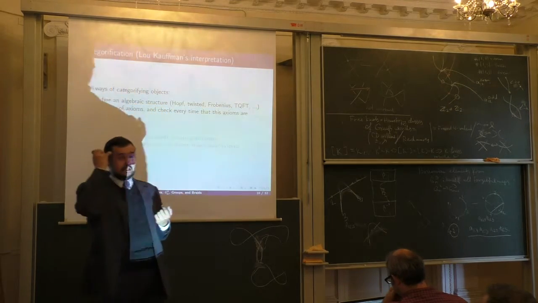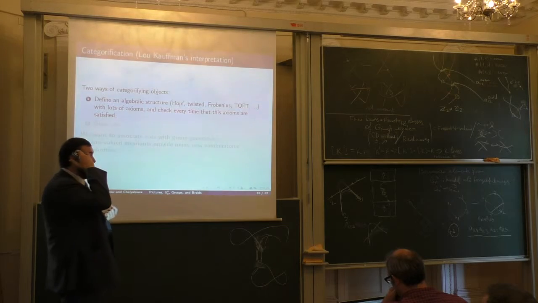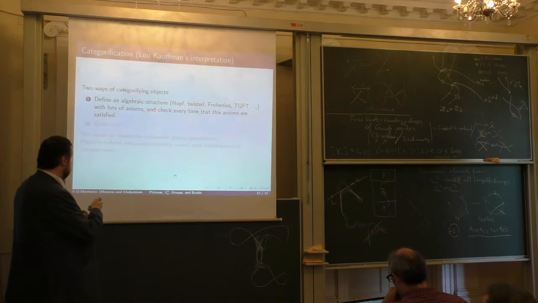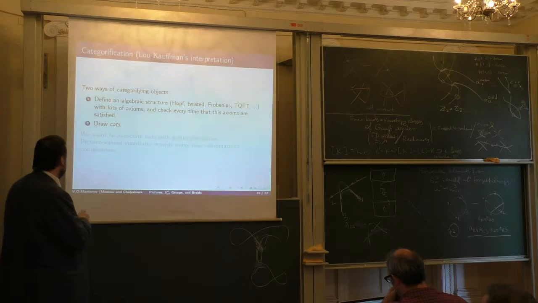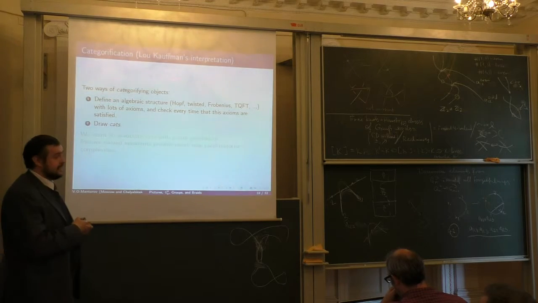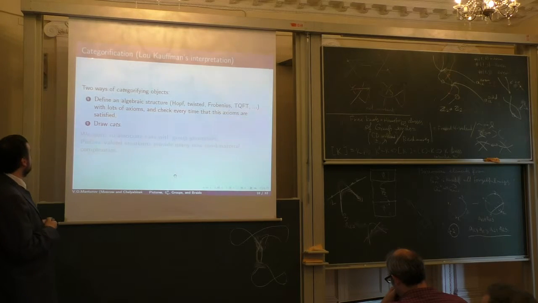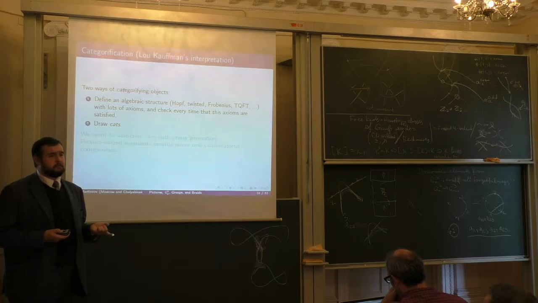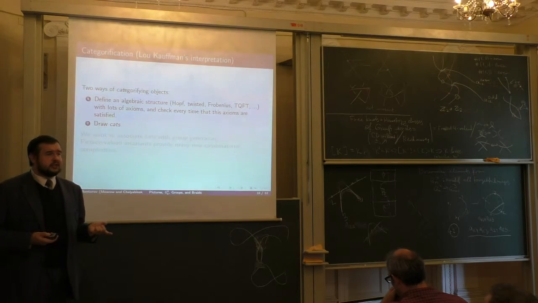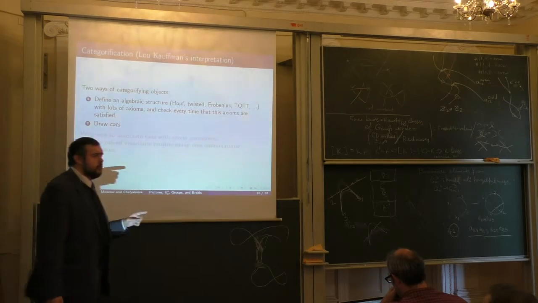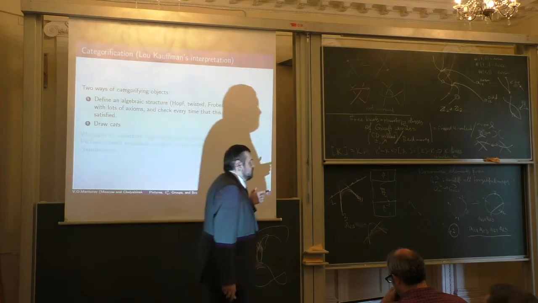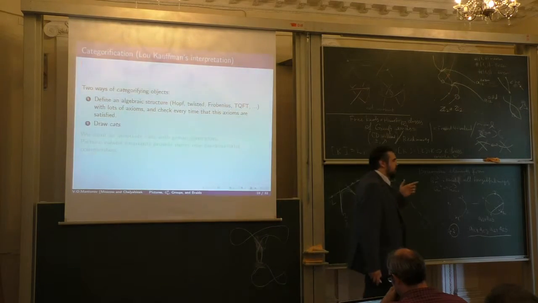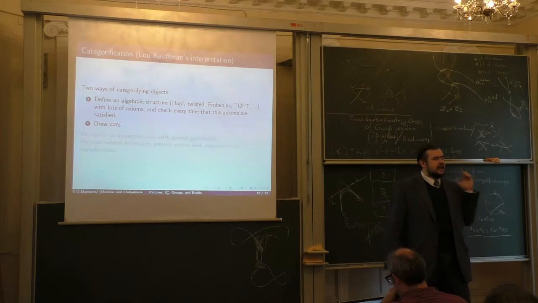But in my sense, categorification, as my friend Louis Kauffman mentioned to me, is a way of drawing cats at crossings. So we use a categorification, which means that at every crossing we put some structure. We don't want to prove that it's a monoidal, Hopf or Frobenius or whatever else category.